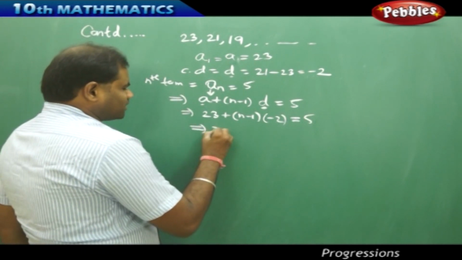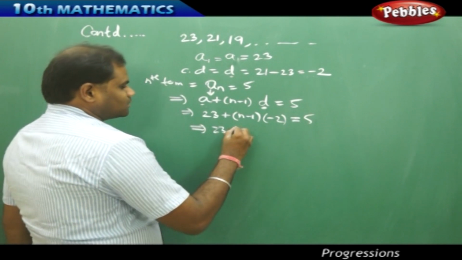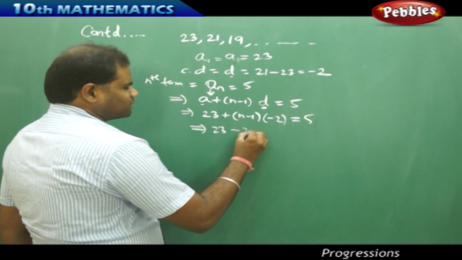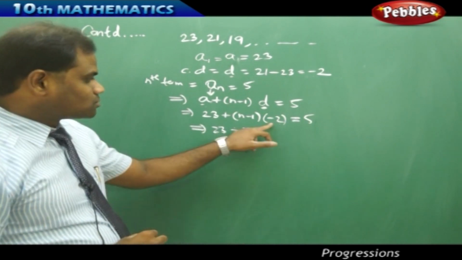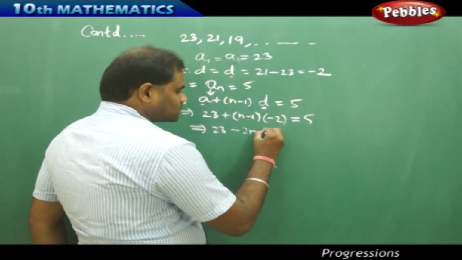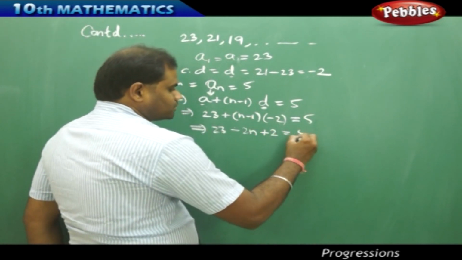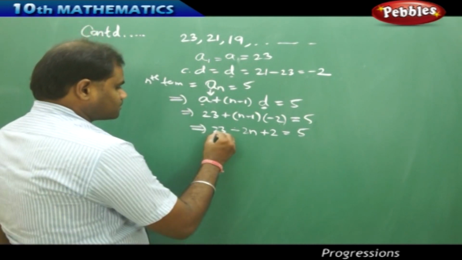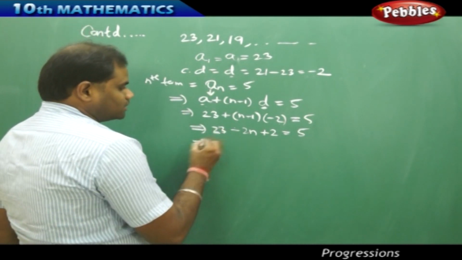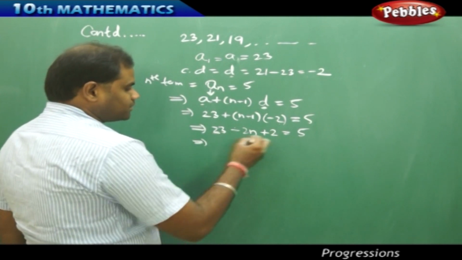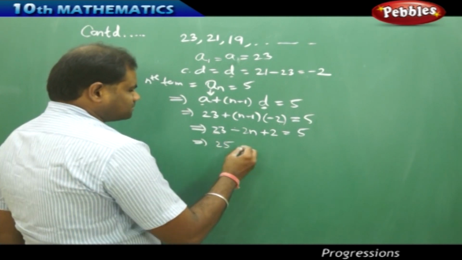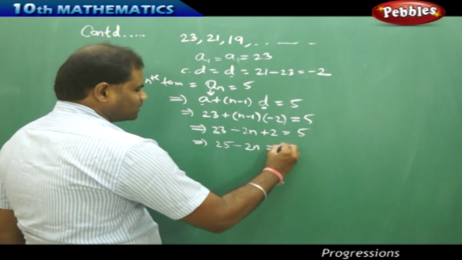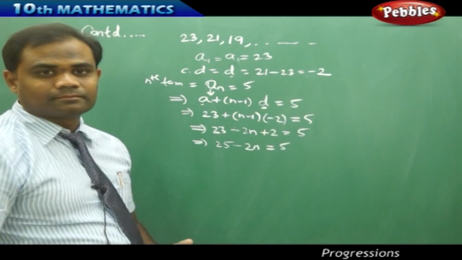This, on further simplification, gives me 23 minus 2 times n, and -2 times -1 is plus 2, which is equal to 5. Therefore, 23 plus 2 is 25, minus 2n equals 5.